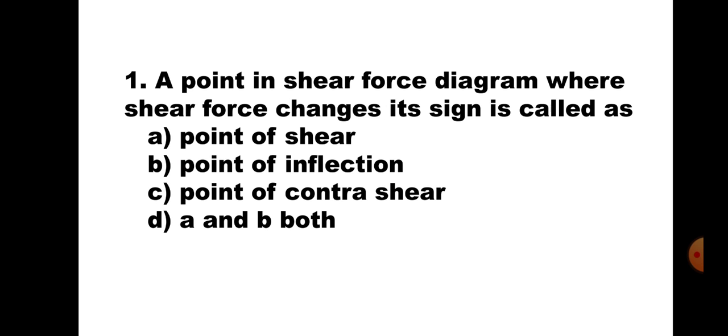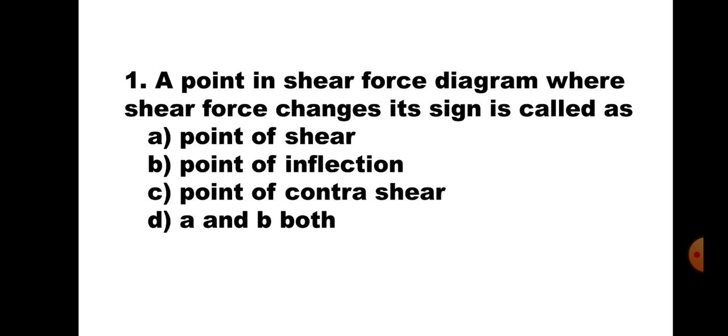Question number 1. A point in shear force diagram where shear force changes its sign is called as A. Point of shear, B. Point of inflection, C. Point of contra shear, D. A and B both. Now, in the shear force diagram, there is a point where shear force changes its sign.